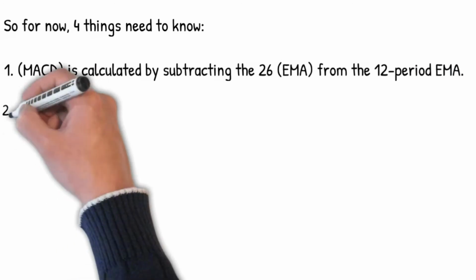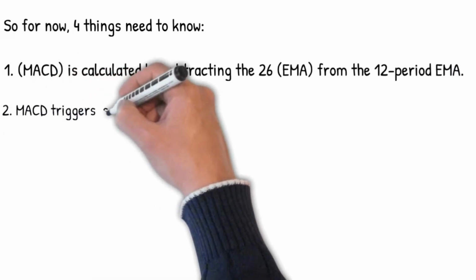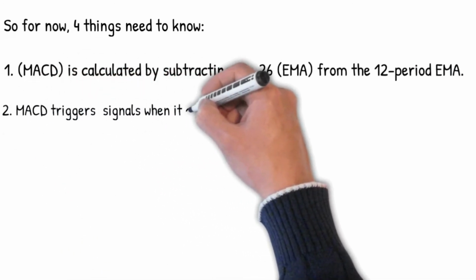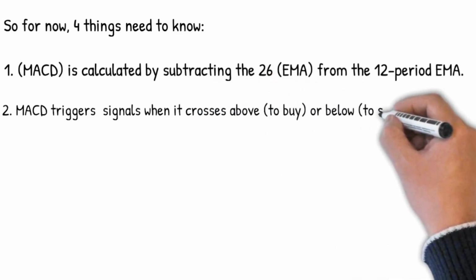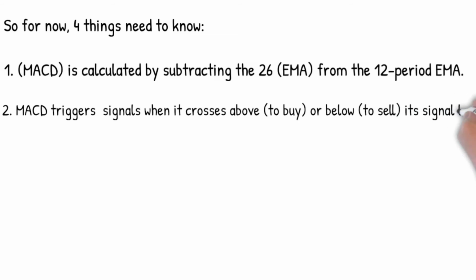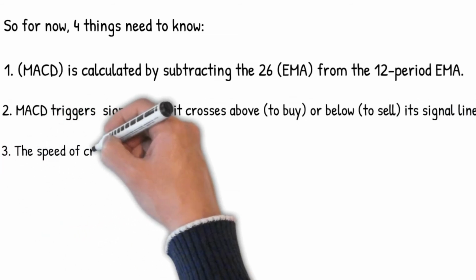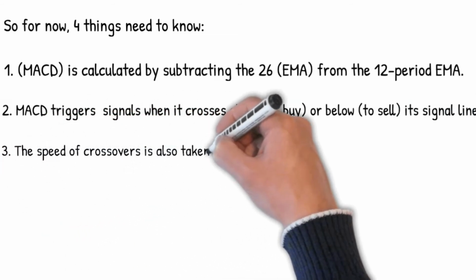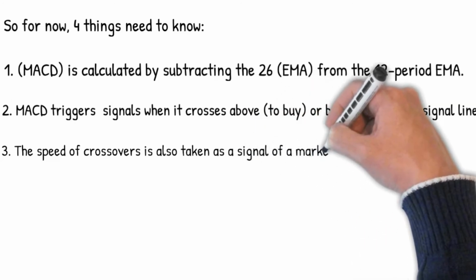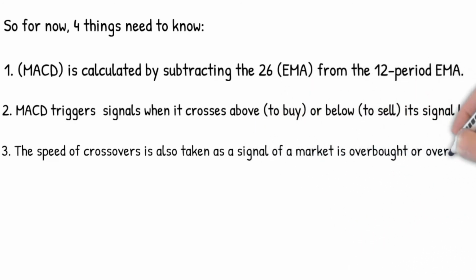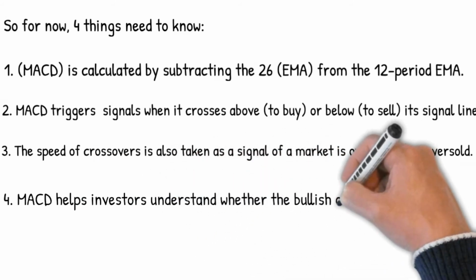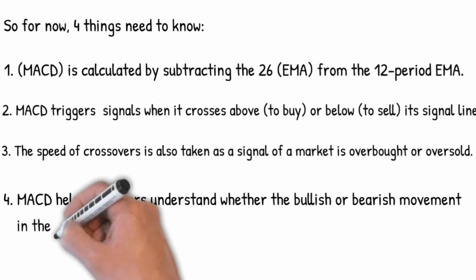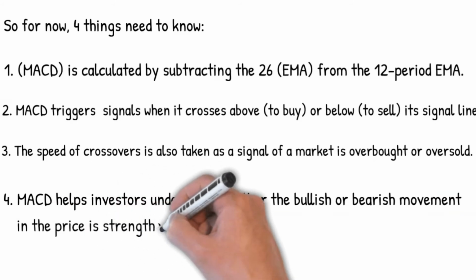Number 2. MACD triggers technical signals when it crosses above to buy or below to sell its signal line. Number 3. The speed of crossovers is also taken as a signal of a market being overbought or oversold. Number 4. MACD helps investors understand whether the bullish or bearish movement in the price is strengthening or weakening.